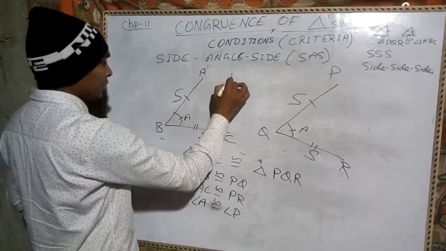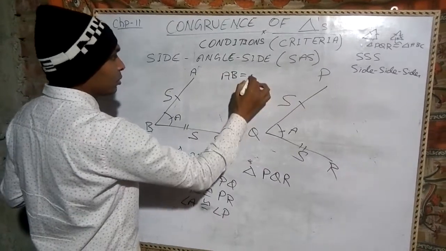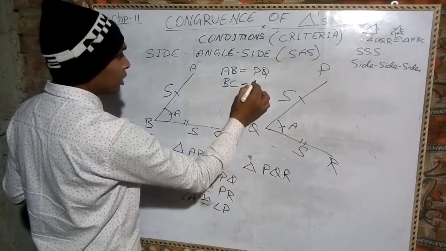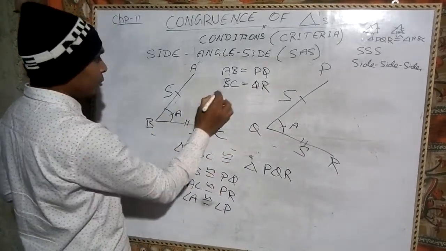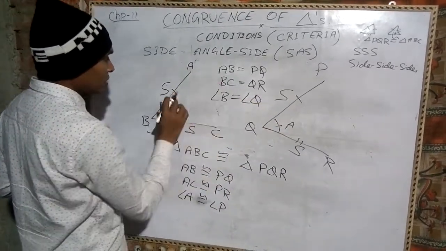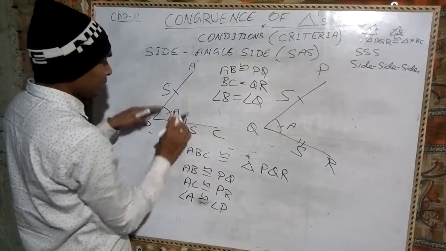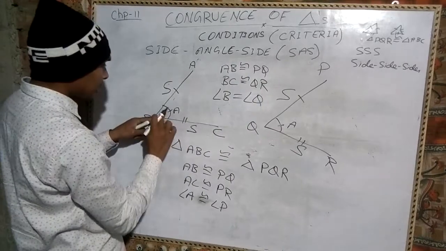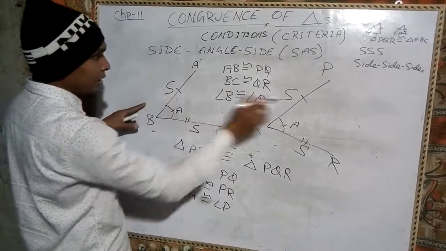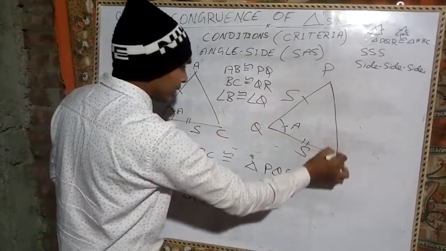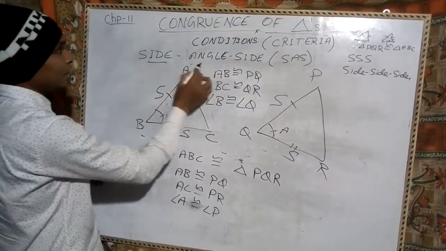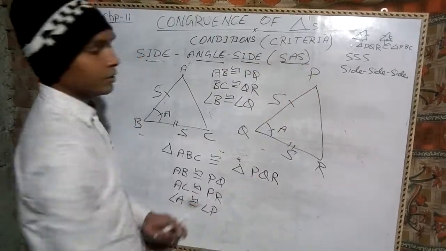So we can say AB is equal to PQ and BC is equal to QR, and angle B is equal to angle Q. This side equal to this side and similar also, this angle is equal to this angle and similar also. So we can say triangle ABC and triangle PQR, both are congruent to each other according to side angle side, SAS criteria. Okay.